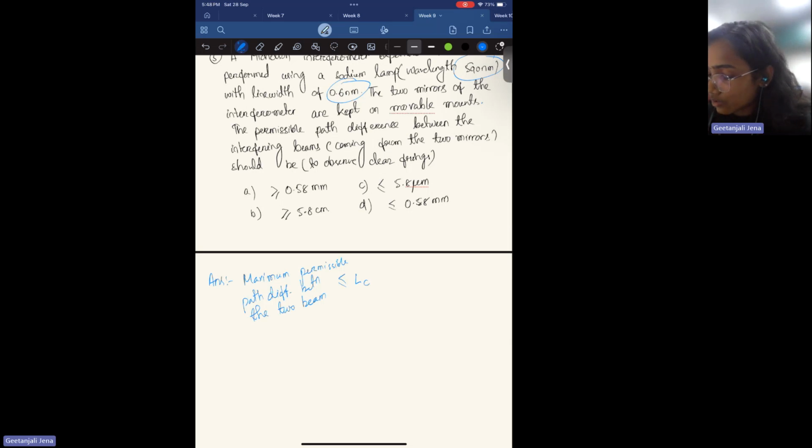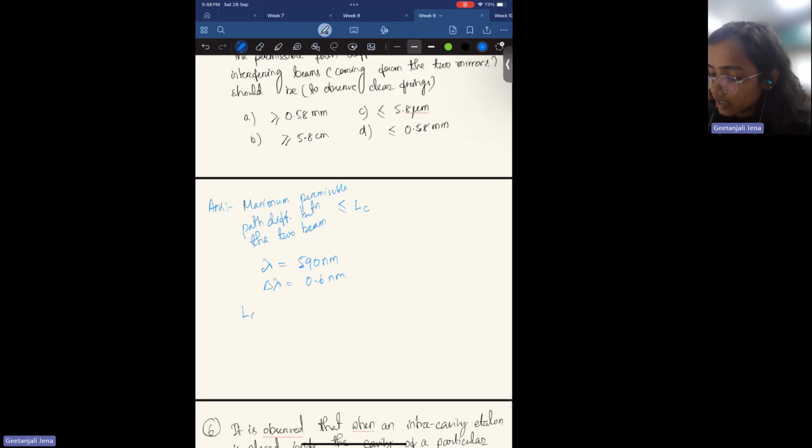And LC, so let us see what is given to us. Lambda is given, it is 590 nanometer. And the line width delta lambda is given, which is 0.6 nanometer. And LC should be C times tau C, or Tc, which is C times 1 by delta nu. And you can write it as C lambda square divided by C delta lambda.